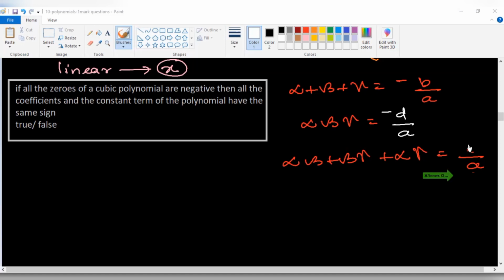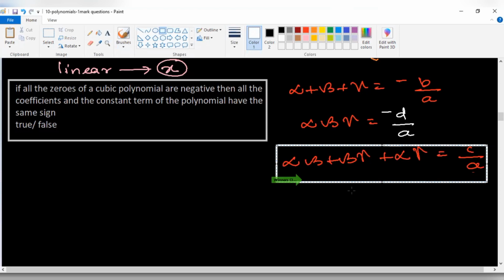So from the last expression itself we can deduce the answer. See, if all of them are of the same sign, then only it is positive, right? c by a will become positive only when all of them, alpha and beta both negative means alpha beta is positive, beta and gamma both negative means beta gamma is positive, like that.